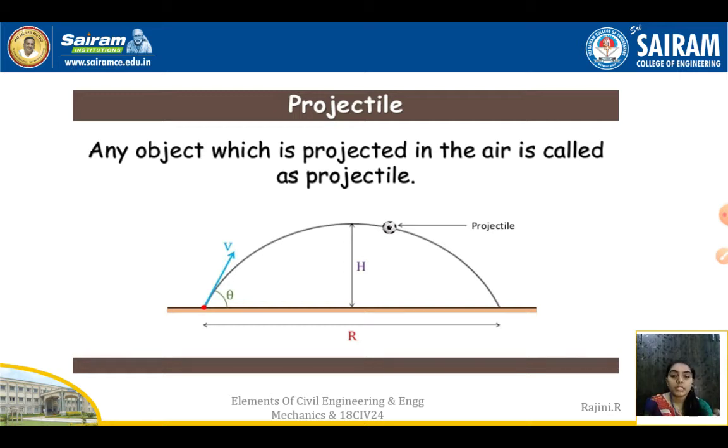The projectile, that is a ball or a stone, anything, is the projectile. And the range, R, is from the initial point to the end point. If you are throwing a stone from one point and it comes to rest at another point, that distance will be the range, capital R.